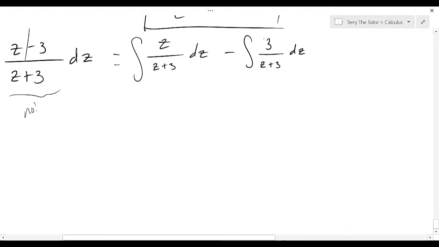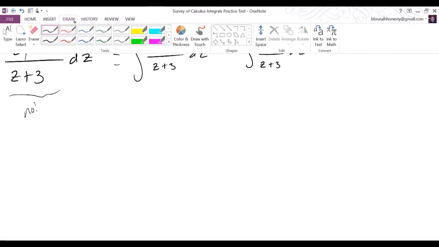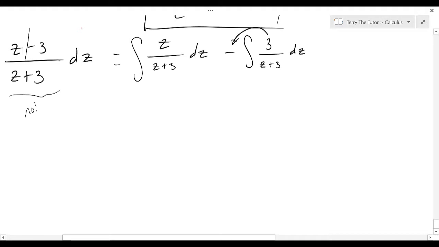What I'm going to do for this second integral is pull the 3 out. And for this first integral, I'm going to use a u substitution. So for the same problem, I have to do 2 different techniques, using 2 different rules. For this one it's going to be a u sub, and you'll just see what we're going to do.